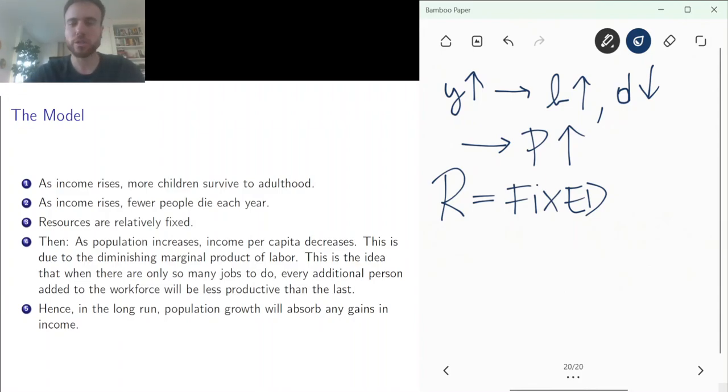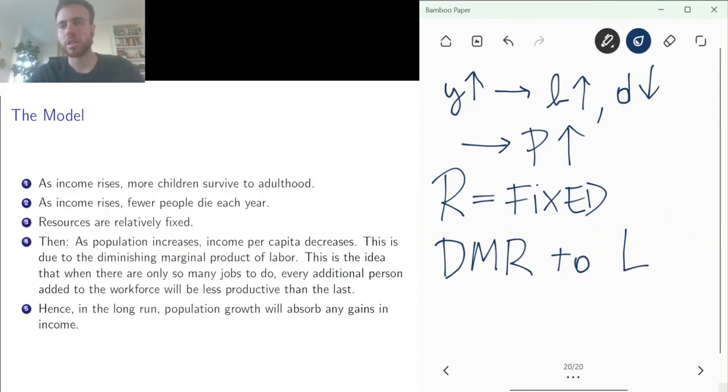The third component of a Malthusian model is that there are diminishing returns to labor, and labor here I'm calling L. What does that mean? It means that the productivity of every additional person added to the workforce working on the land is smaller than the productivity of the person that came before.